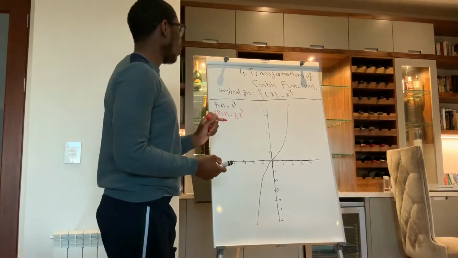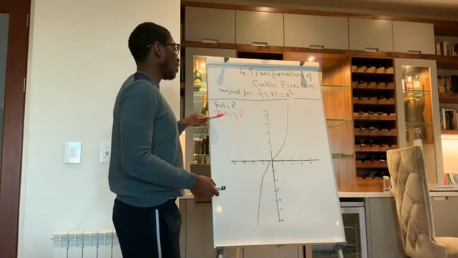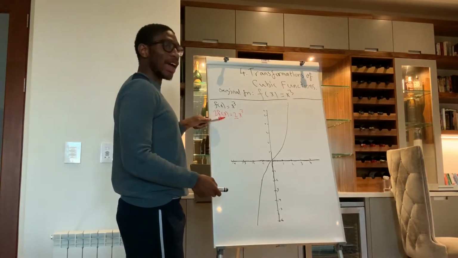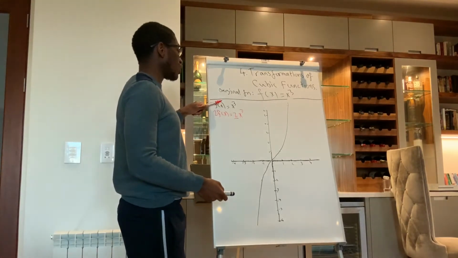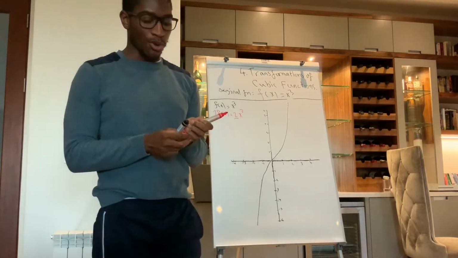Before we start exploring what happens in the transformed function, we're going to think of the critical values of the original function, and we're going to use them to compare the two functions. That's how we're going to proceed going forward.